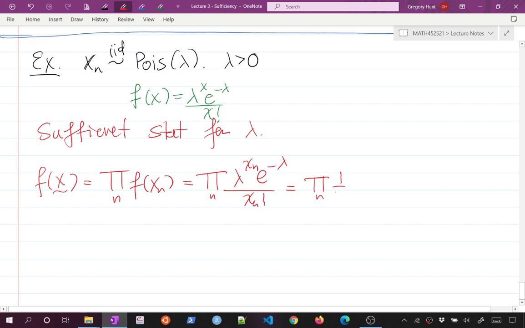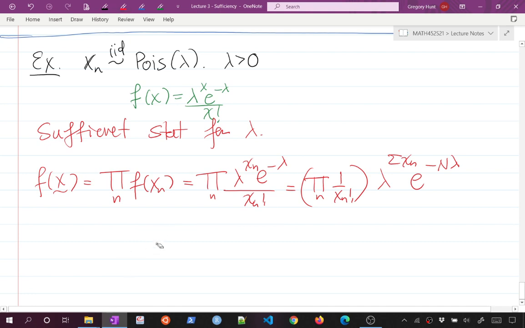So there's going to be a product of 1 over these factorials. That is what it is. We can have a lambda to the sum of the xn's. I think I've shown that trick before. And e to the negative n lambda. If that was too fast, pause it and think about why these are all true. They are. So, okay.